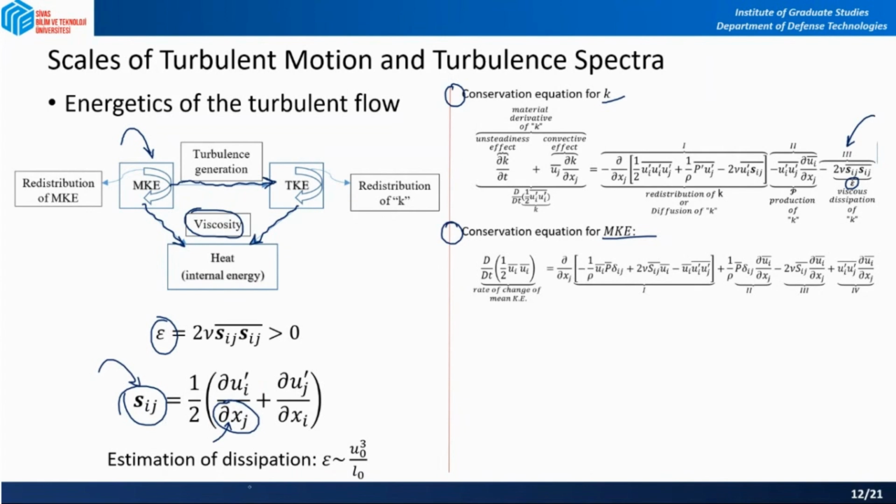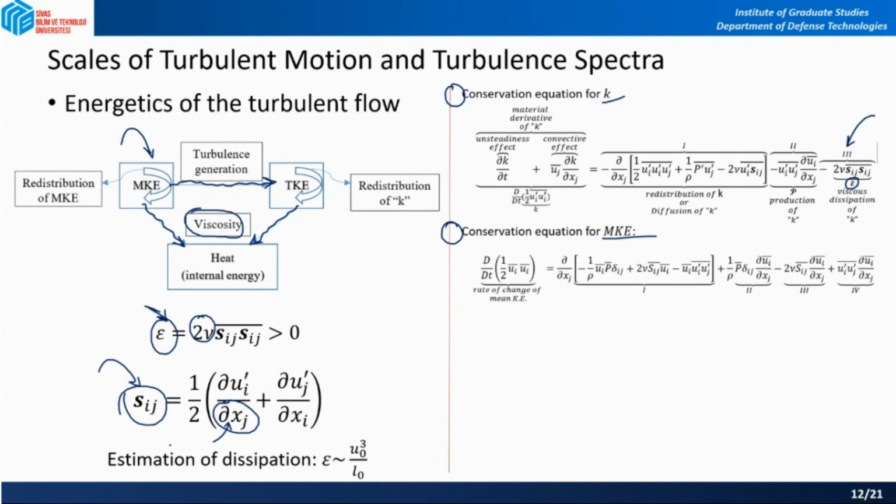Once you know this, you can multiply it by 2 times nu, and then you have an estimation of the real dissipation level inside your flow field. This is different from the thing we described before to estimate epsilon, the estimation of dissipation.